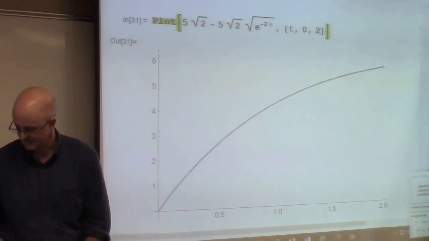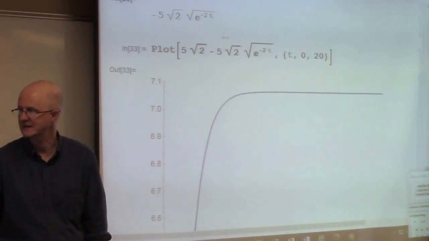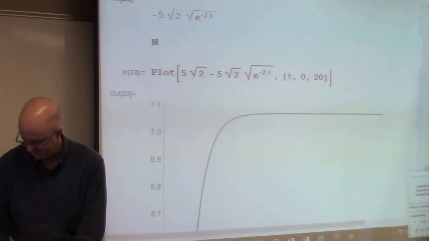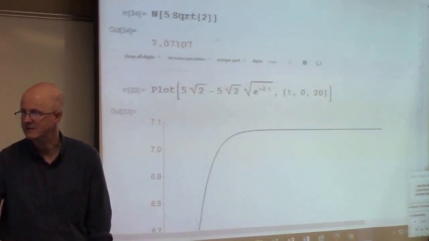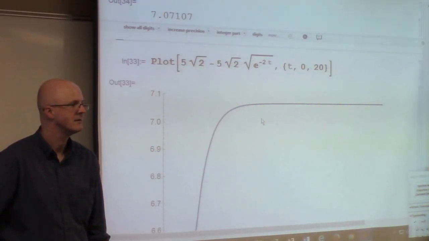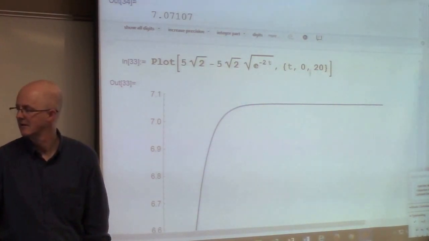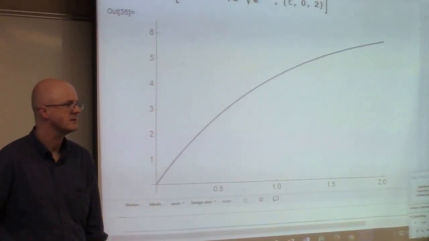You could go out further to see that. 5 root 2 is about 7.07. You see it approaching that horizontal asymptote. Okay, so you can put a lot of things together when doing this subject.